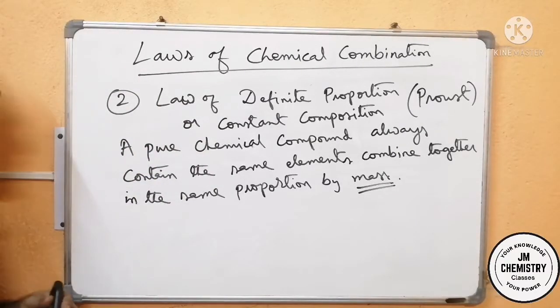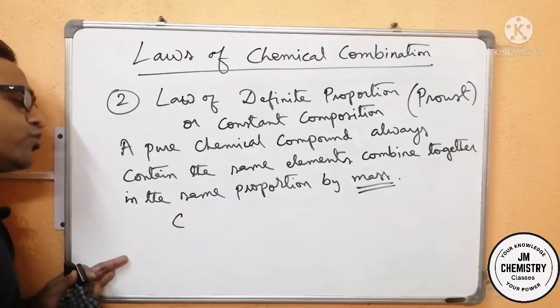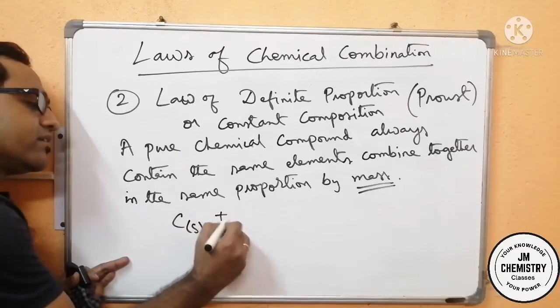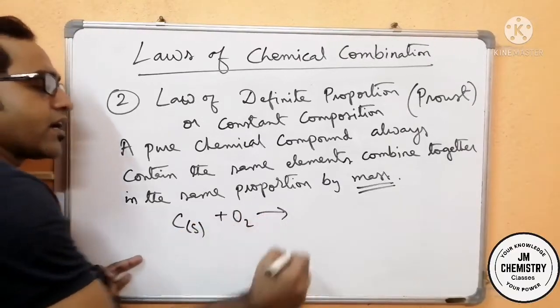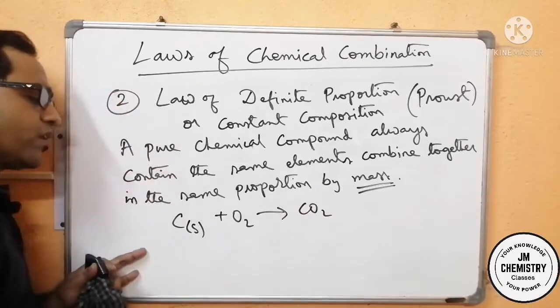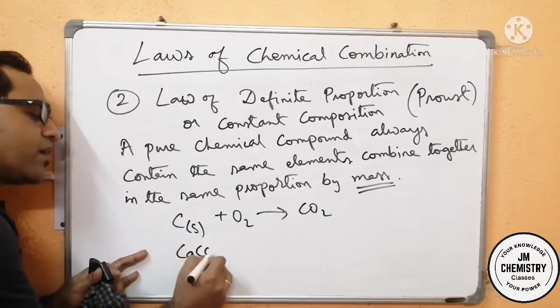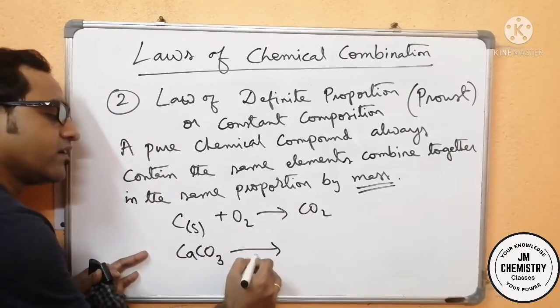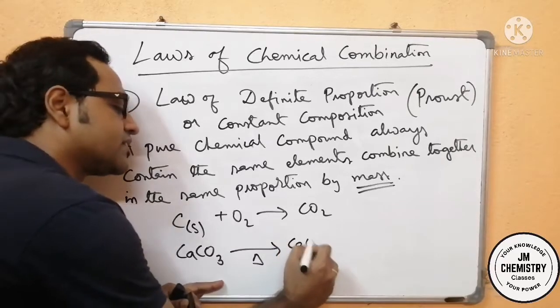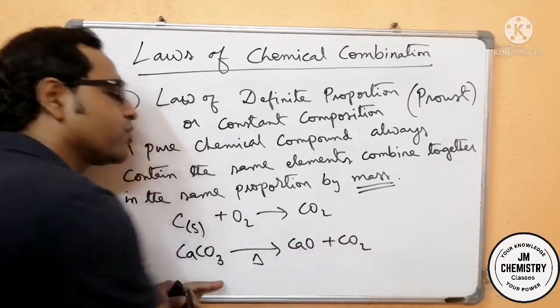So for example, if you prepare carbon dioxide by burning carbon, so you burn solid carbon, you will get carbon dioxide, CO2. Or if you heat calcium carbonate, then it will produce calcium oxide plus carbon dioxide.